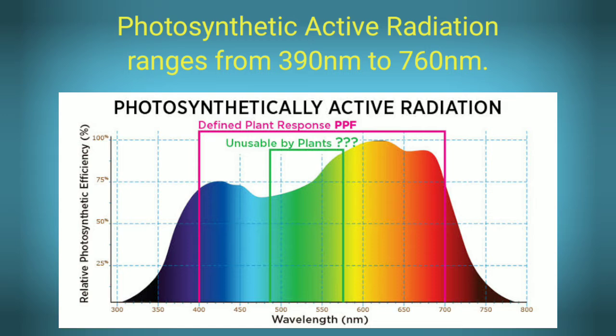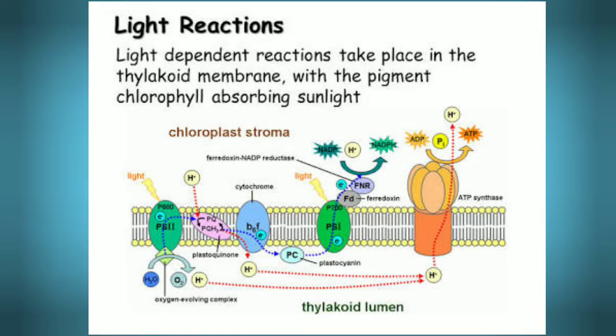So when light falls in the thylakoid, some processes occur, and those processes where the electrons move from one point to the other are called the electron transport chain. And this electron transport chain takes place within the thylakoid.